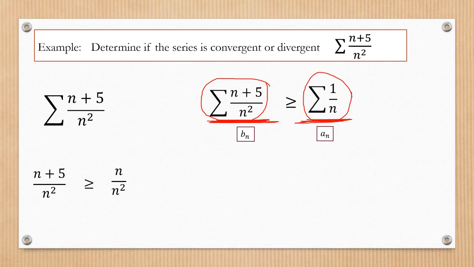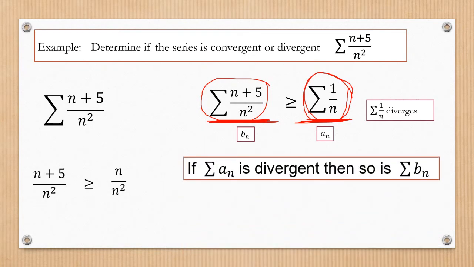But since from the previous video we have proven that the series 1 over n is divergent, therefore, based on the condition given in the comparison test, that if the series an is divergent, the series Bn is also divergent.